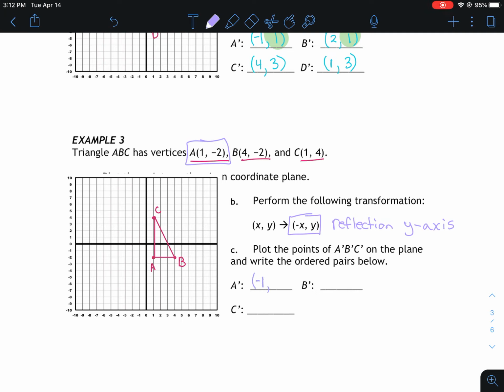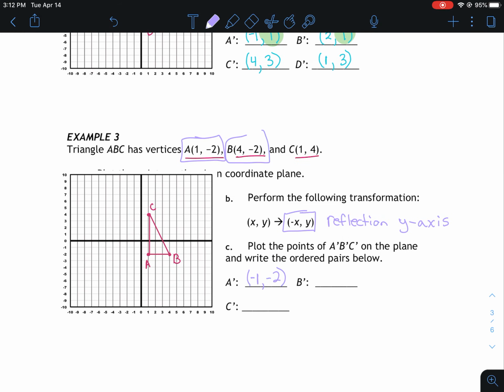The first number, our x, becomes the opposite, and y stays the same. We're going to do that for letter B as well. B, 4 becomes -4. Let me do that for you so you can see it better. -4, and then -2 stays the same because the y does not change. Same thing for letter C. -1, +4. Y does not change, x becomes opposite.